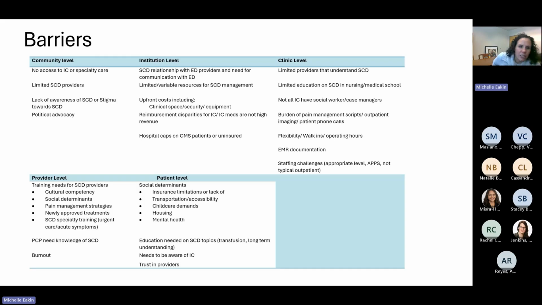A lot of it was related to costs and reimbursement rates, and training and support for the clinics and providers in sickle cell and infusion center. And increasing awareness and patient trust that they would be seen and that they would receive just as high quality care at the infusion center versus the ED. So there was an acceptability and buy-in issue from the patients to come to the infusion center.